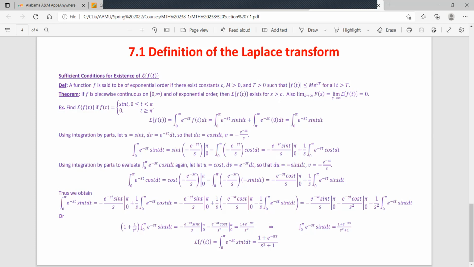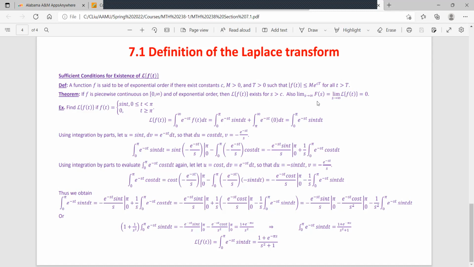When we did the Laplace transform of 1 or t or whatever, we did require s to be positive. I'll show you later. So that's the whole theorem.